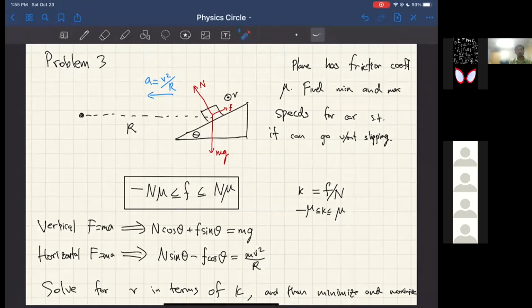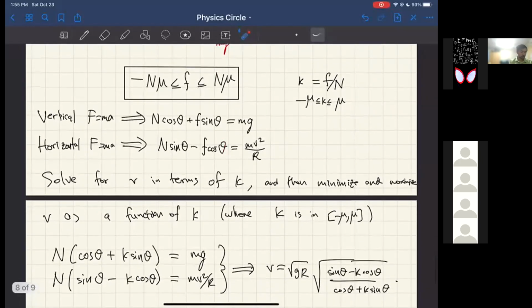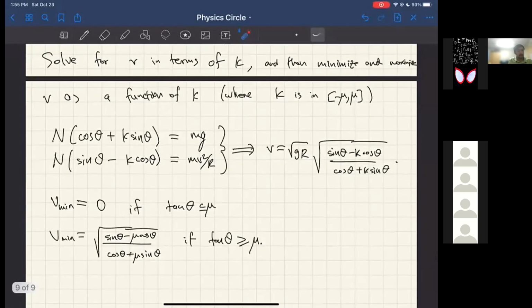You know what I'm saying? The only thing you know is that the ratio of friction to normal force is between minus mu and mu. And it turned out that the minimum speed happened when friction was actually equal to n mu. But that's more or less a coincidence, the fact that this function was minimized when k equals mu, or when friction actually equals n mu.